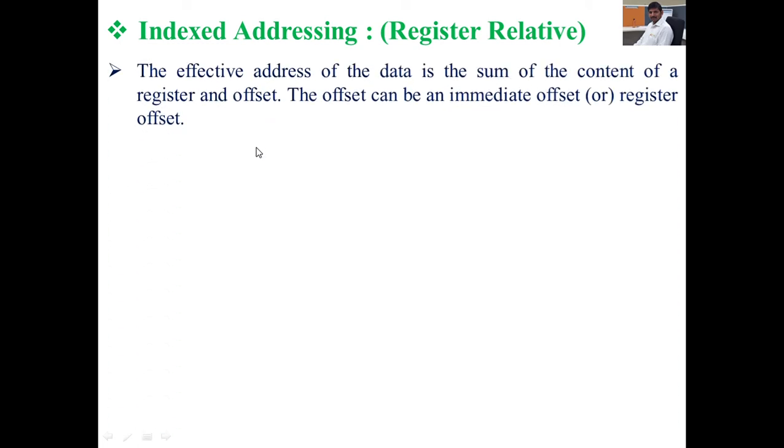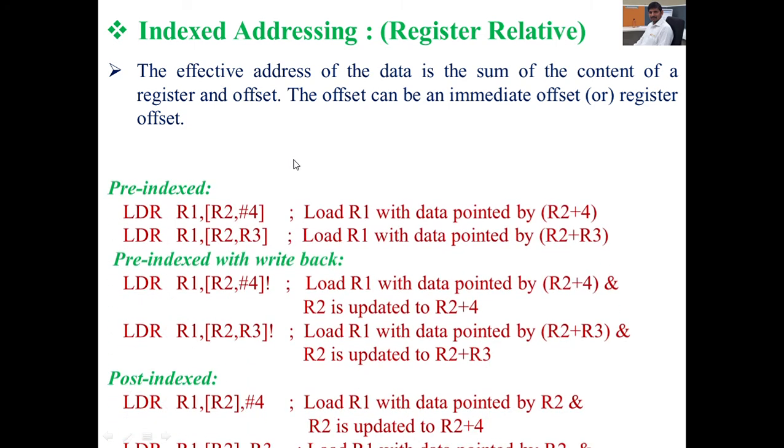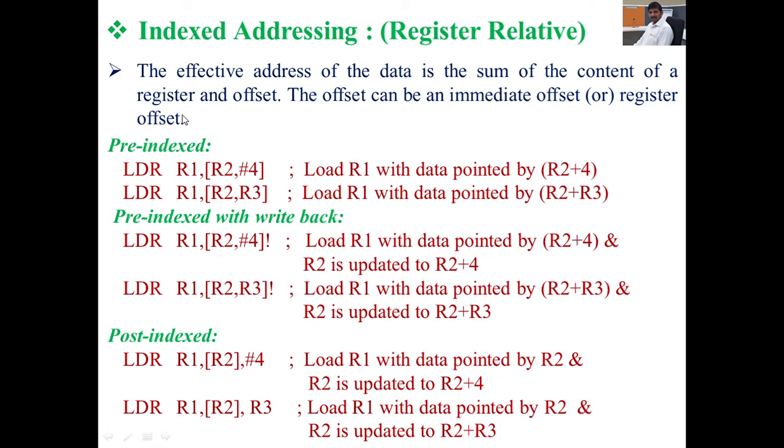Next, index addressing mode. It is also called register relative addressing. The desired data memory location is generated by adding the register contents. So the effective address of the data is generated by adding the register and offset. Here three types of index addressing modes are available. First, pre-indexed addressing mode.